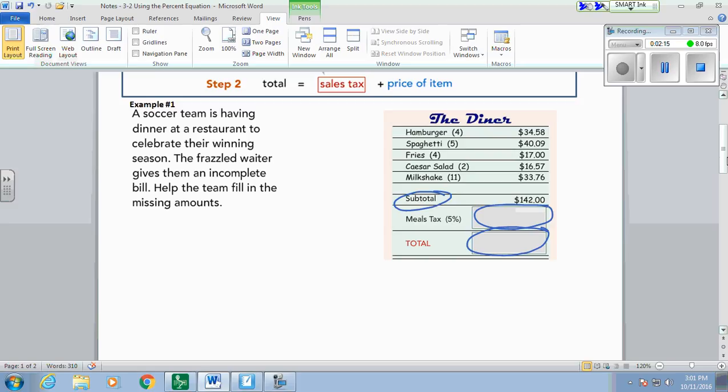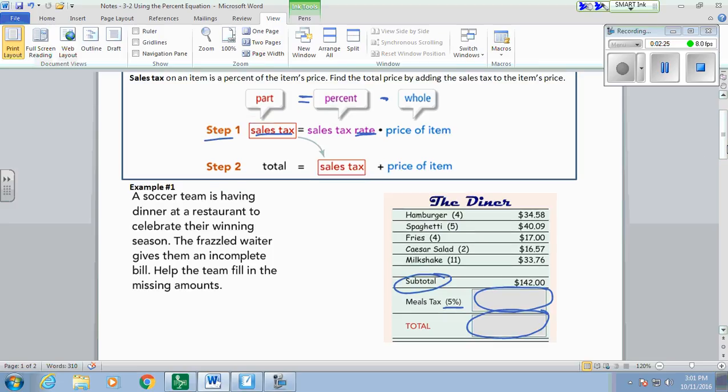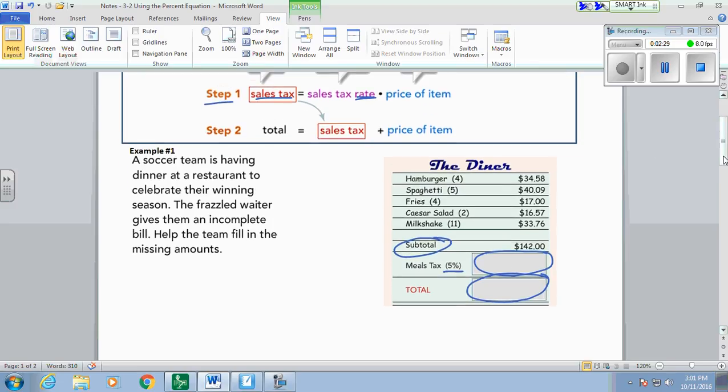We can see that the tax rate is 5%. So if we go back to the top where they're telling us part equals percent times whole, but in this case this is specifically dealing with a tax question, I would say that the tax is equal to the rate times the subtotal.